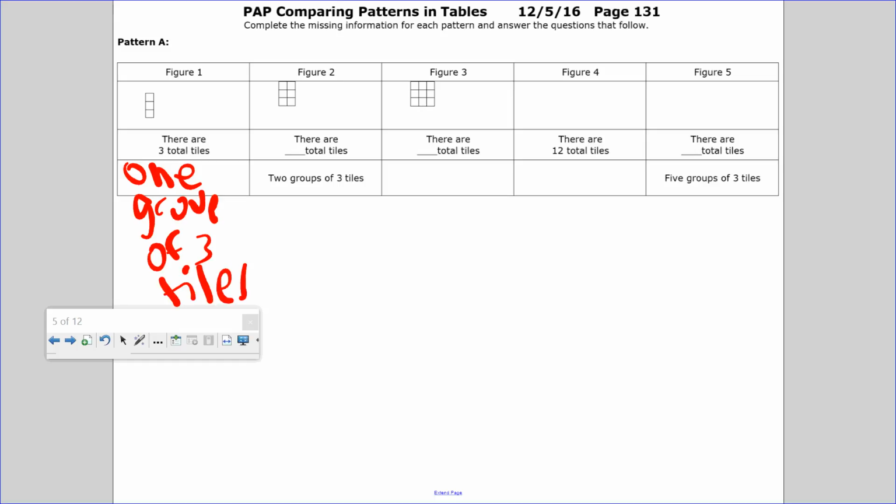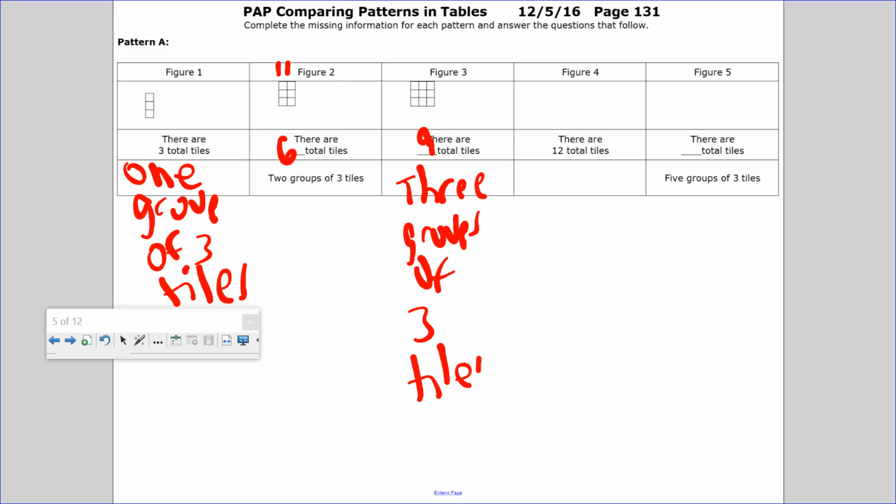In figure 2, I see 6 tiles. So there are 2 groups of 3 tiles. In figure 3, there are 9 total tiles. So there are 3 groups of 3 tiles.